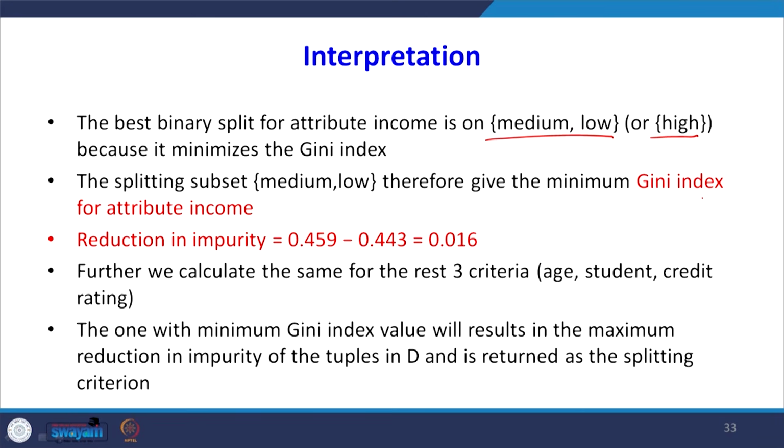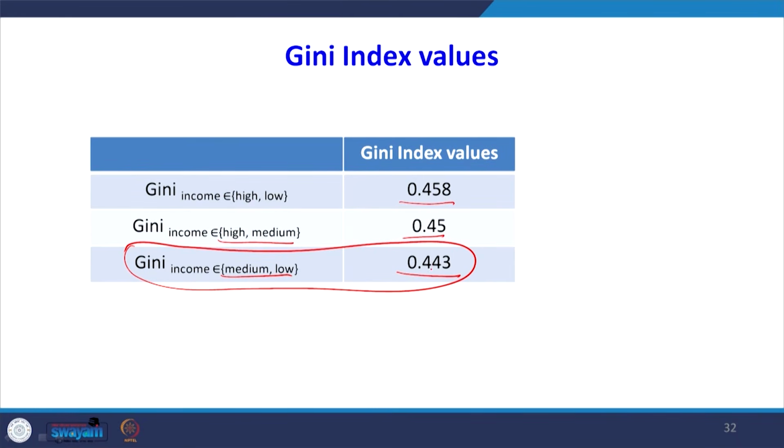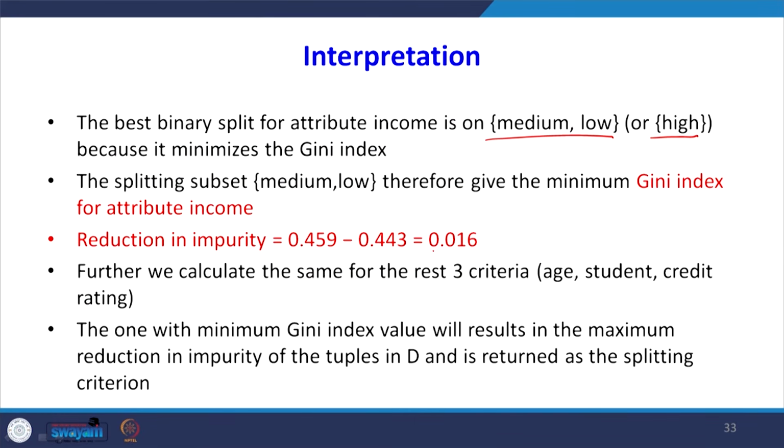So, the reduction in impurity is 0.459, the value which we got from slide number 18 for the class D, minus the 0.443 we got as the Gini index value for this subset. So, the difference is 0.016.